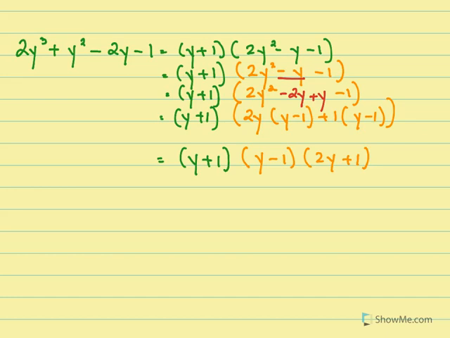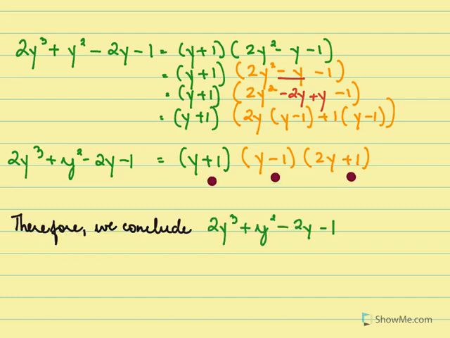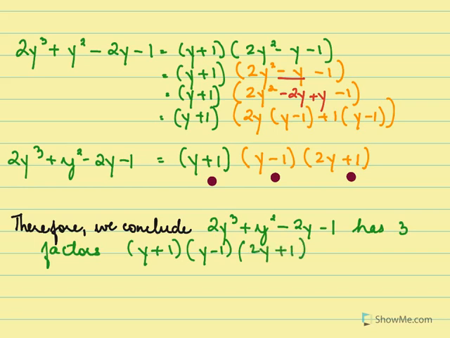So we've got 3 factors of 2y cubed plus y square minus 2y minus 1. Therefore we conclude 2y cubed plus y square minus 2y has 3 factors, and the 3 factors are y plus 1, y minus 1, 2y plus 1.